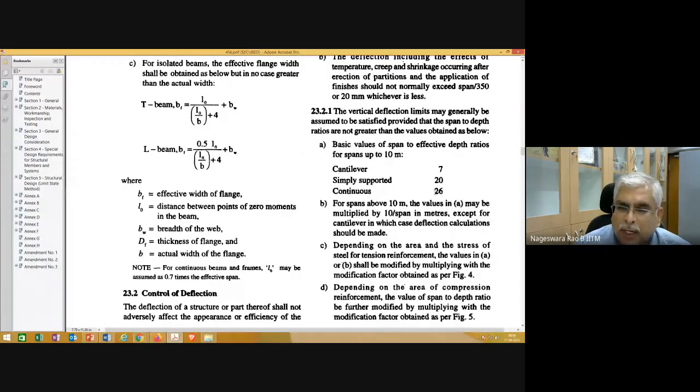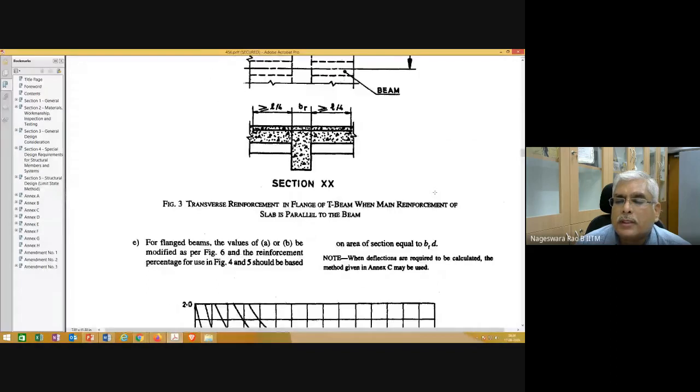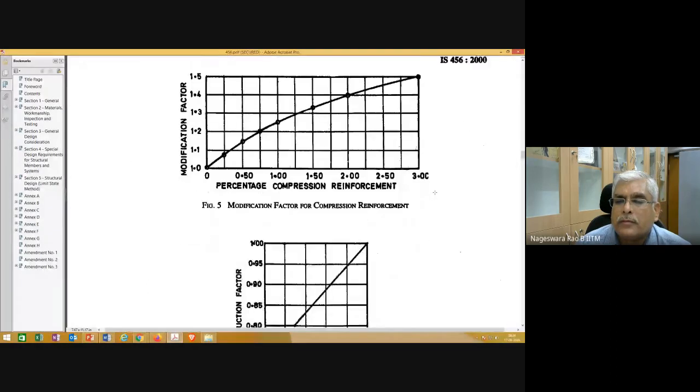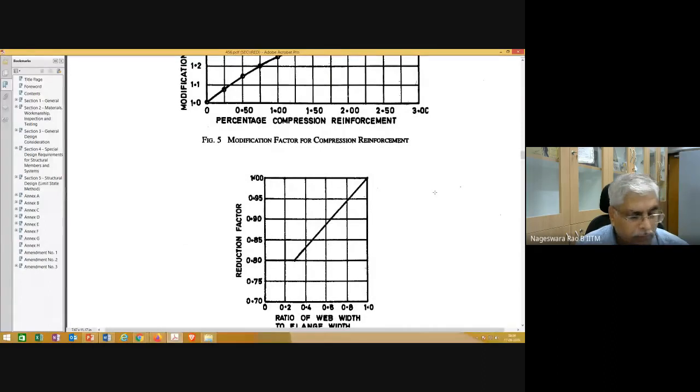So 26 multiplied by 0.77 multiplied by 1.1 multiplied by 0.8. Now what is the value?